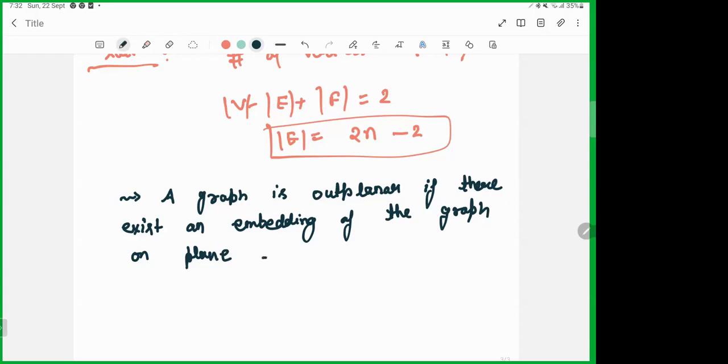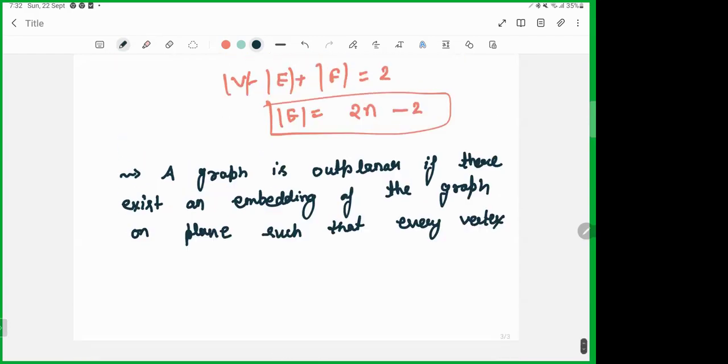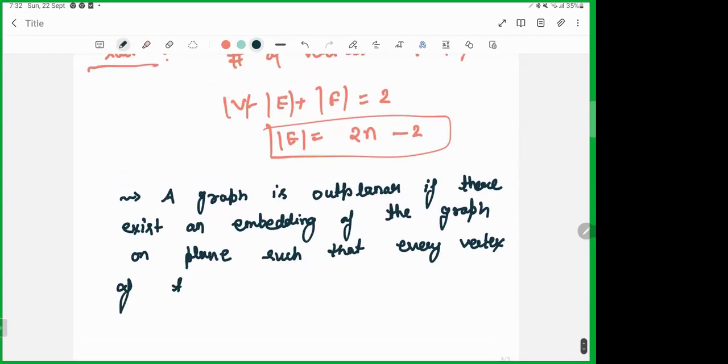such that every vertex of the graph lies on the boundary of its unbounded face.